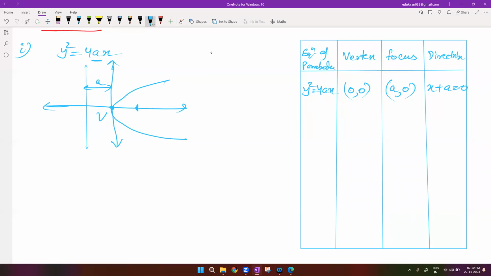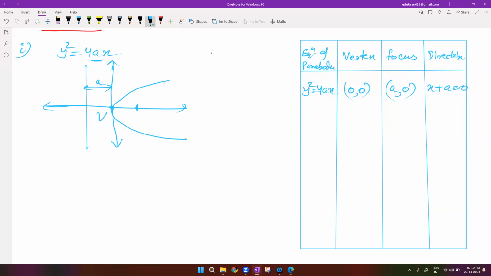Sir, can you just tell the definition of directrix? Yes, directrix is also a fixed line. We don't have any definition for directrix and focus because you can take anything as focus and anything as directrix. If you want to choose any line, that can be a directrix, and if you want to choose a fixed point, that can be a focus.